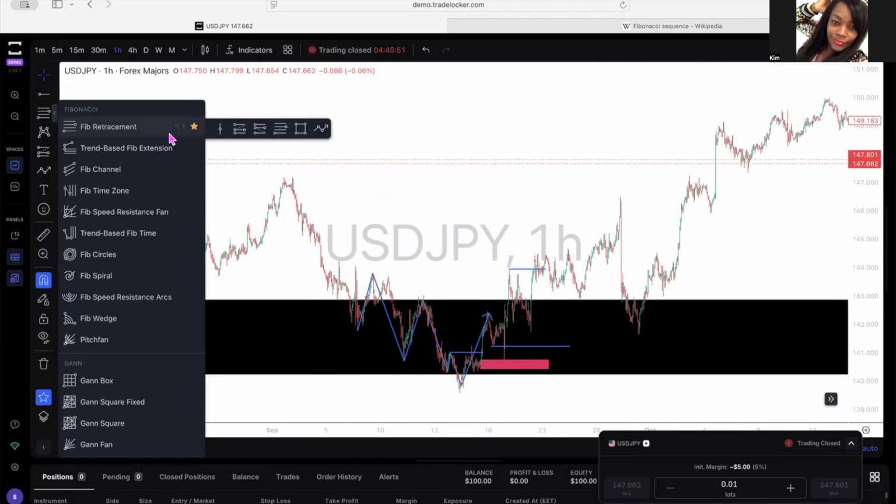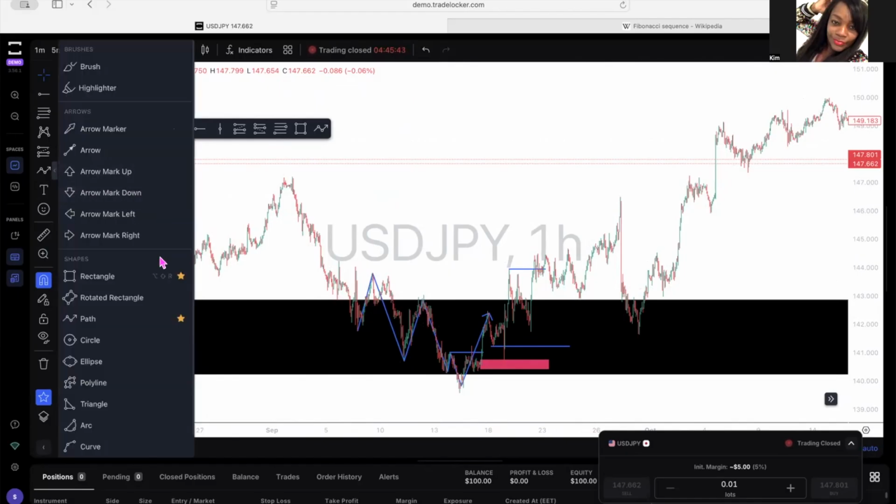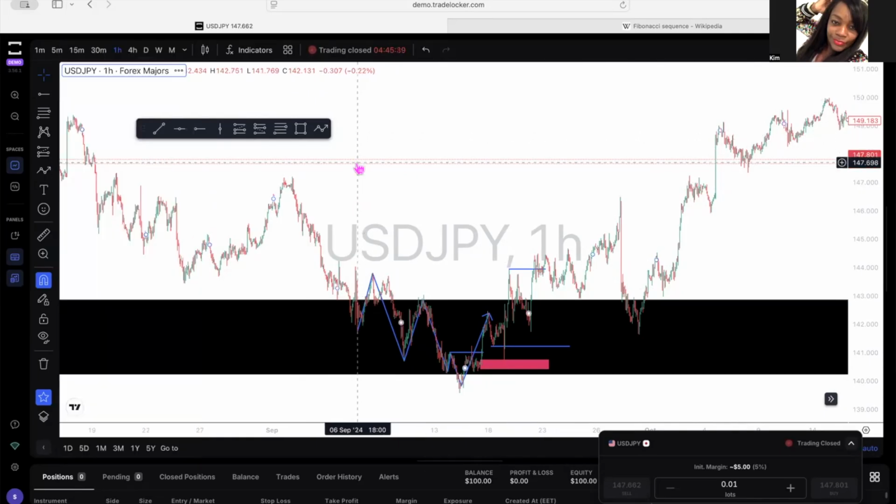Then I have my Fibonacci retracement, my long and short position, and then my path tool and my rectangle. That's really all that I need. And this one here, I barely ever use.